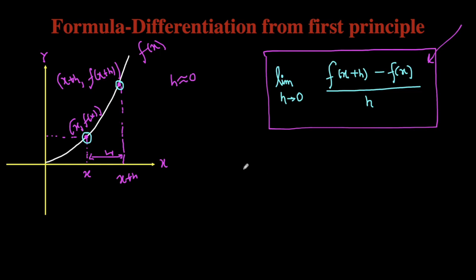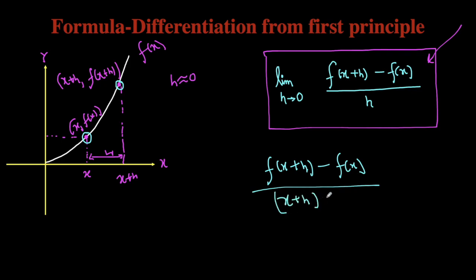Now the slope is the y value, which is f of x plus h minus f of x, over x2 minus x1, where x2 is your x plus h minus x.